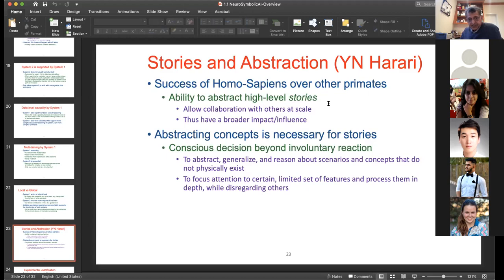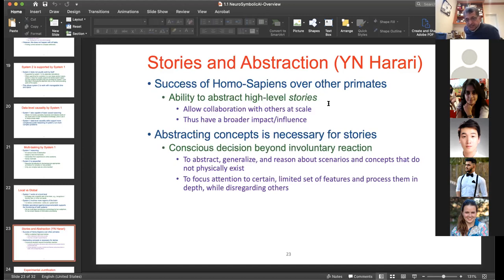Our ability to abstract high-level stories allows collaboration with others at scale, and does have a broader impact and influence. So people working on evolution have said, what made human beings more successful is we can abstract higher level descriptions, share with others, saying this is what happened, and that allows us to collaborate and so do larger things.